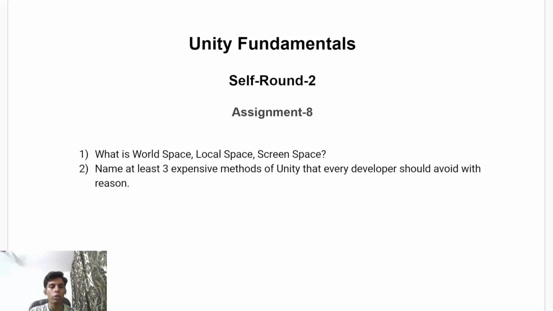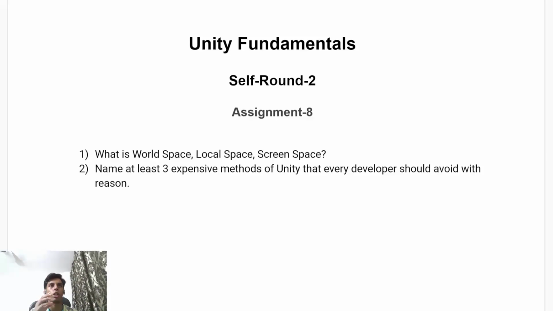Third would be screen space. Screen space refers to the coordinate system based on the screen or display area. Screen space positions are determined using screen coordinates, which represent the pixels on the screen. Its origin is 0, 0 for x and y, which is typically the top left corner of the screen.